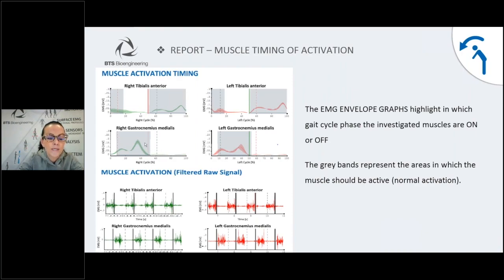In this case, we can see that at the beginning of the cycle, we have the activity of the tibialis anterior, which, as you know, must work in eccentric way to control the fall of the foot.